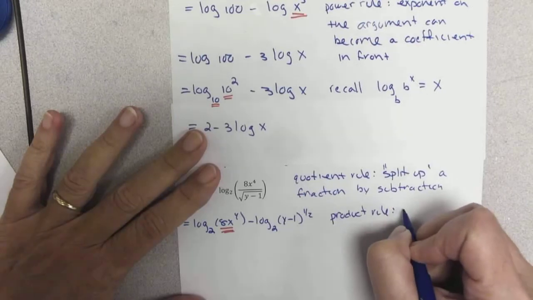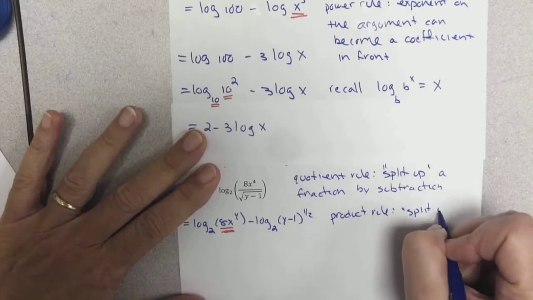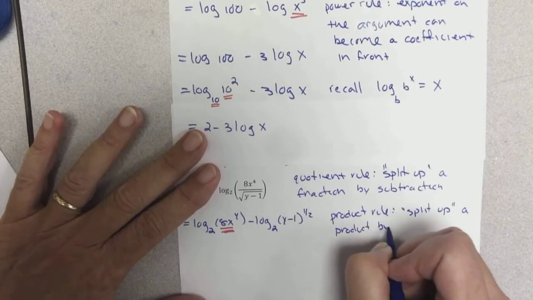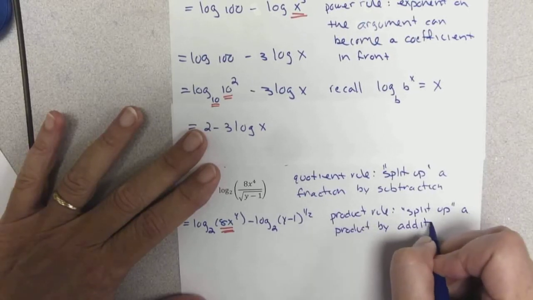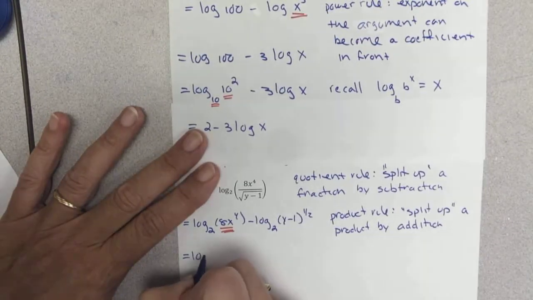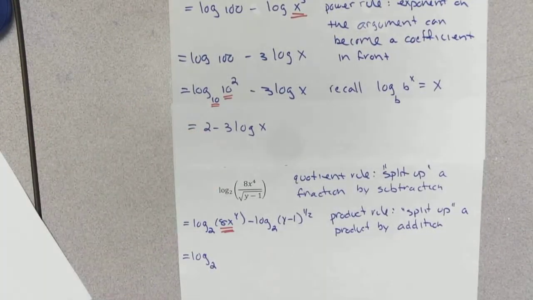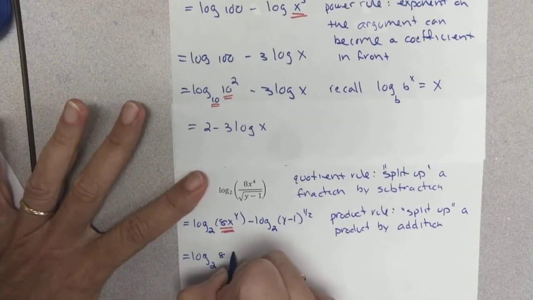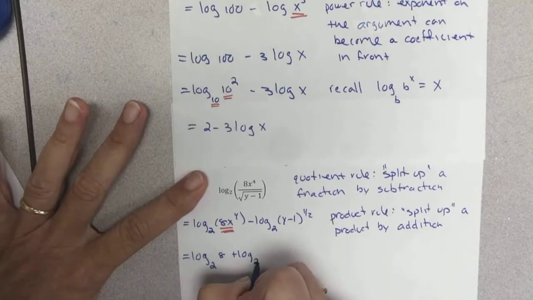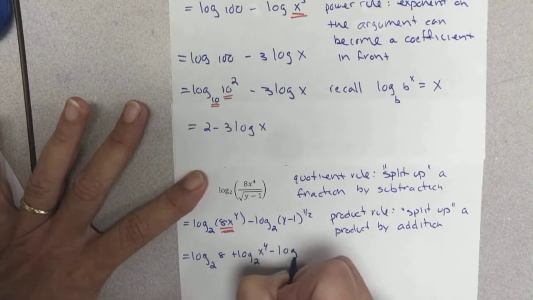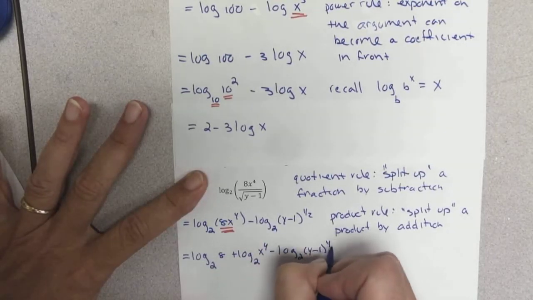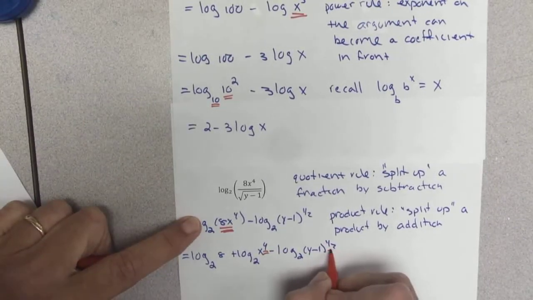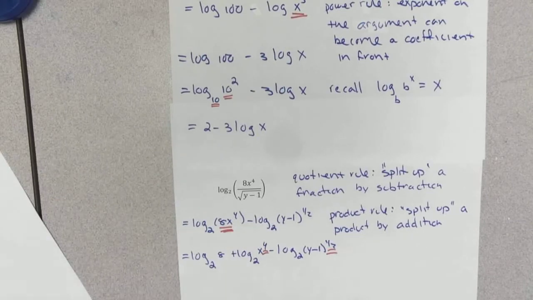Product rule, we can split up a product by addition. So this becomes log base 2, plus log base 2 of x to the 4th minus log base 2 of y minus 1 to the 1/2. And then I can look at each one of those exponents right there.